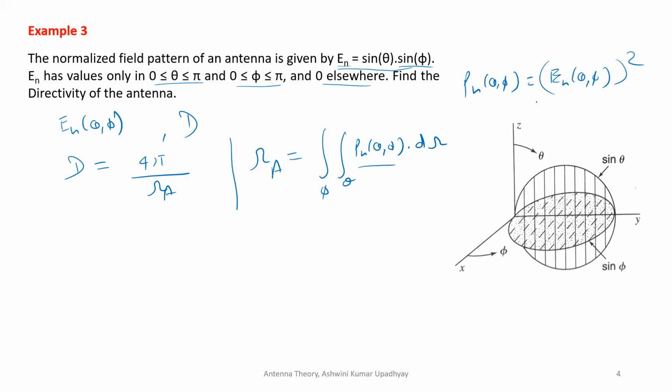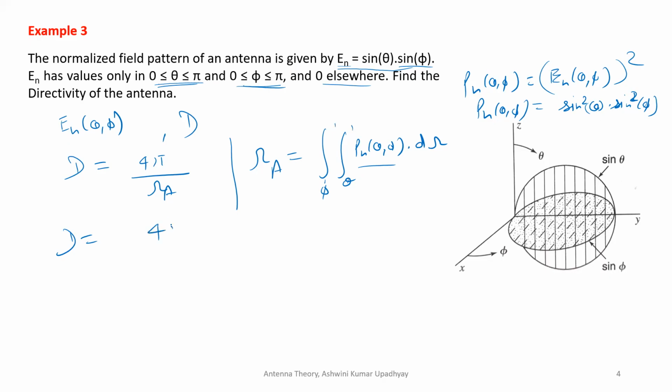So this expression is going to be sine squared theta into sine square phi, right? So this is your Pn theta phi. So we will just put this into the formula. So we will get D is equal to, and since theta and phi vary between 0 to pi only, we will take our limits as 0 to pi only.